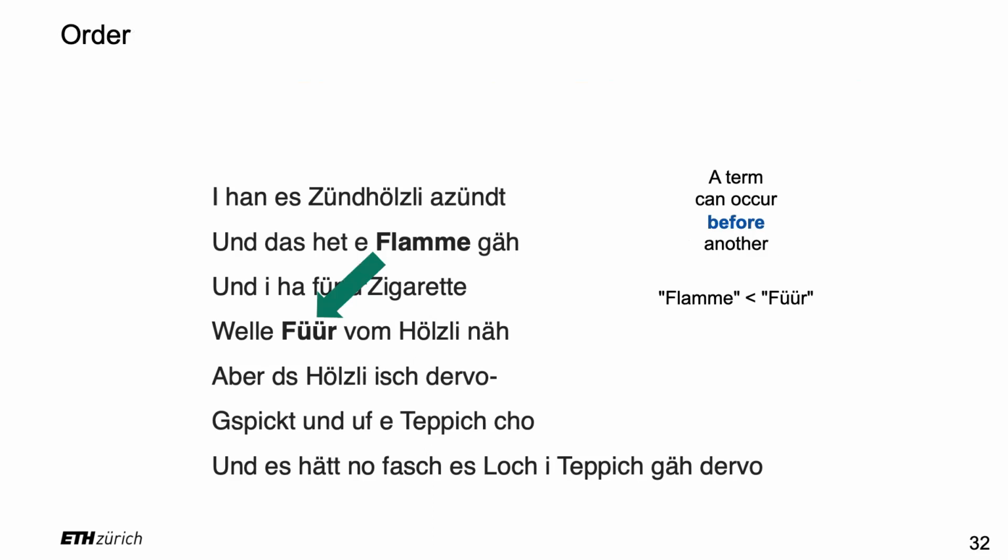But we could also go further than that and ask for one more thing, which is the order. In that document, when we read, it's linear, right? It makes more sense to read a book from the beginning to the end. And in that case, Flamme comes before Für. In fact, that's the whole storytelling, right? If you follow the story of the song, this is the order in which things go, right? So we might care that a term can occur before another term in a document.